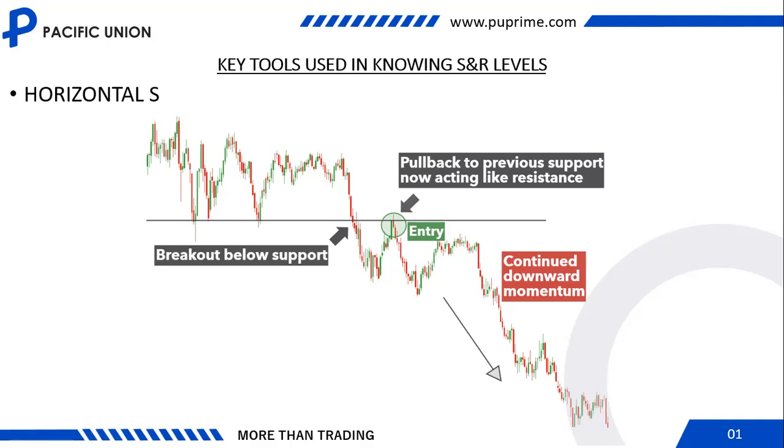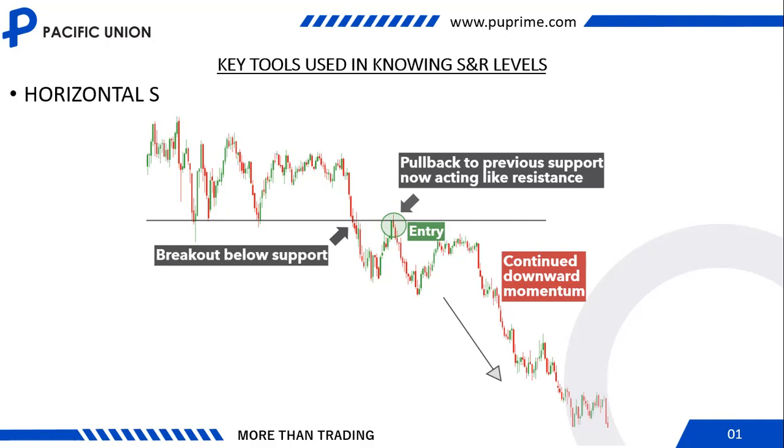So it continues. And one thing I want you to notice is that usually, when your support is being broken and retested as resistance, it shows that there is an imminent downtrend, and a kind of strong momentum, a strong downtrend that's been established.